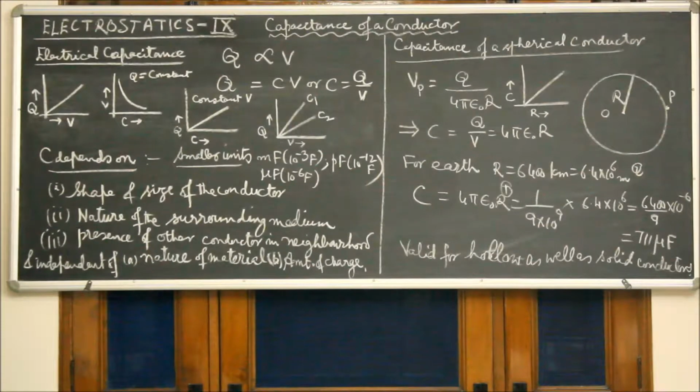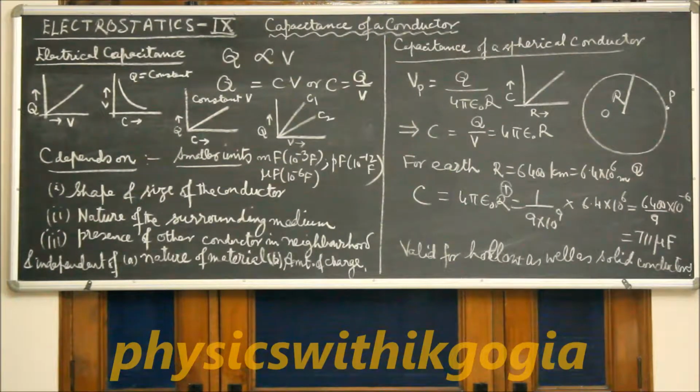Now, let's analyze the relations which we have studied and interpret the same graphically. Every relation that you learn, it is advisable to translate into the form of graphs for thorough understanding of the relation and dependence of various quantities in the relation.